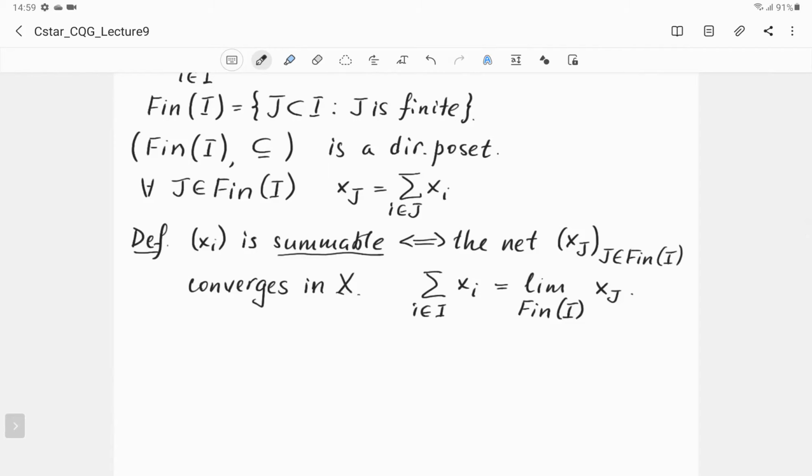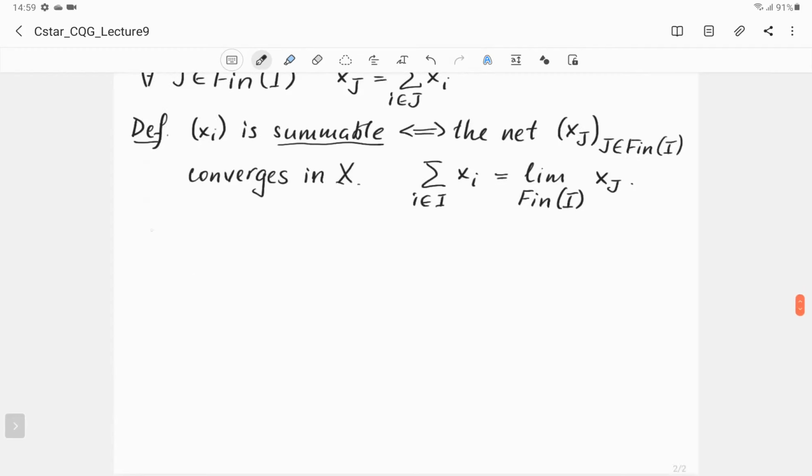But actually, it turns out that the notion of a summable family can be reduced to the notion of an unconditionally convergent series. So this is a useful exercise. I claim that our family x_i is summable to a certain element x in our space if and only if the following two conditions are satisfied.